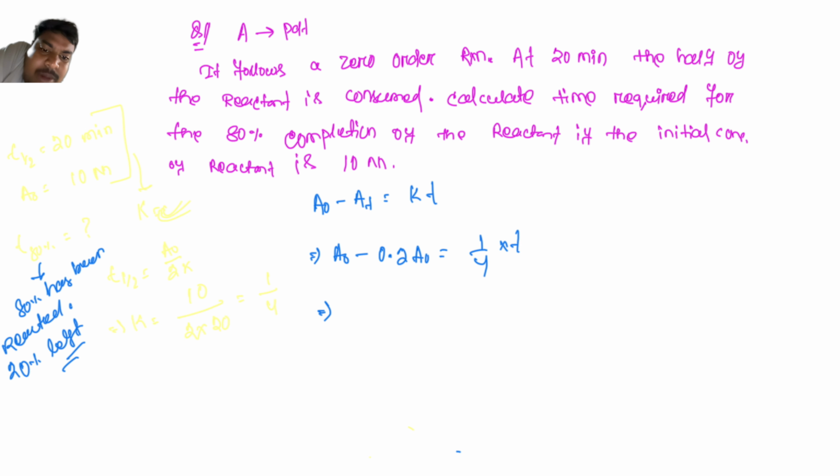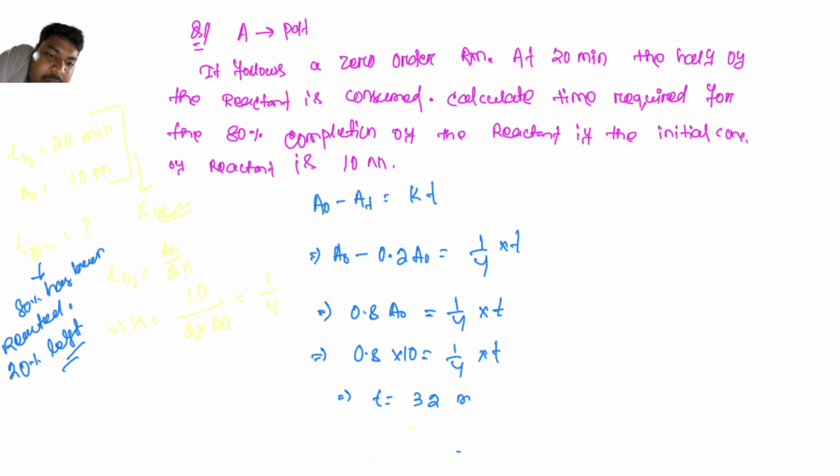Now it will become 0.8 A naught equals 1 by 4 into t. Now A naught is 10, so 0.8 times 10 equals 1 by 4 into t. So t becomes 32 minutes.